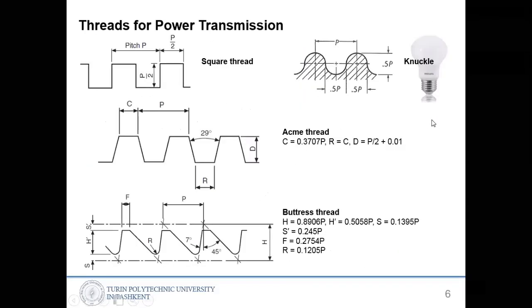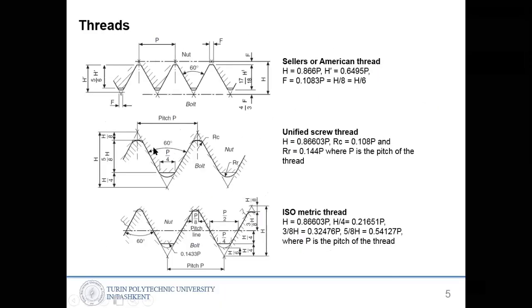Okay, so threads for power transmission. In some cases we need to transfer power, or hold something very heavily, and for that purpose we change these parameters and the shape of the threading.